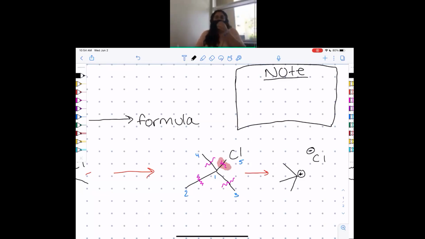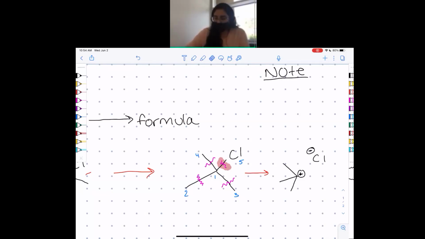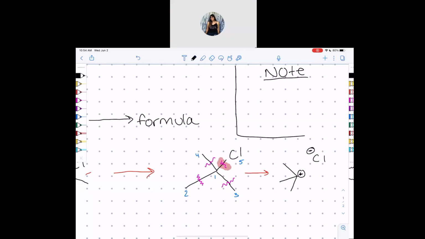What is the order of stability when we're talking about primary, secondary, tertiary? It's tertiary, secondary, primary.